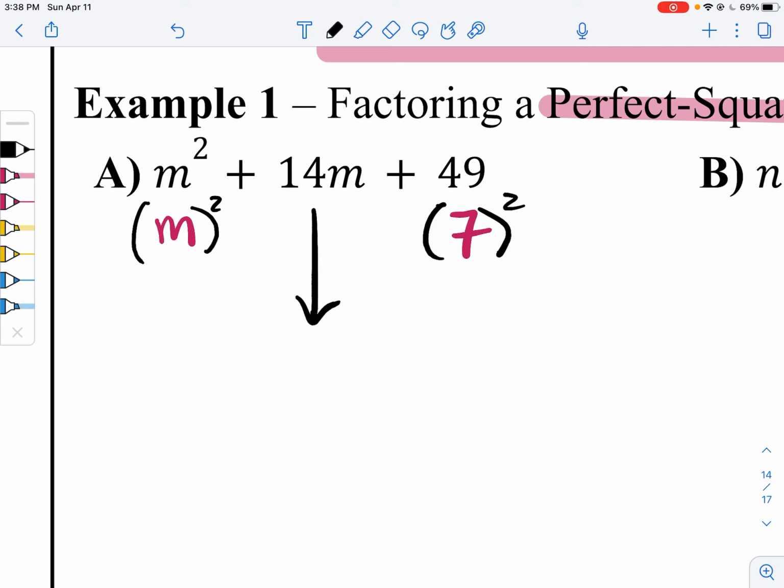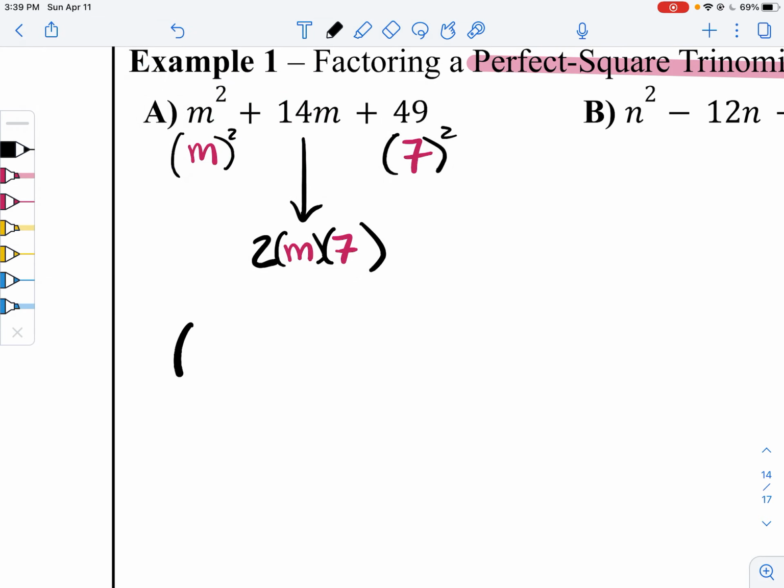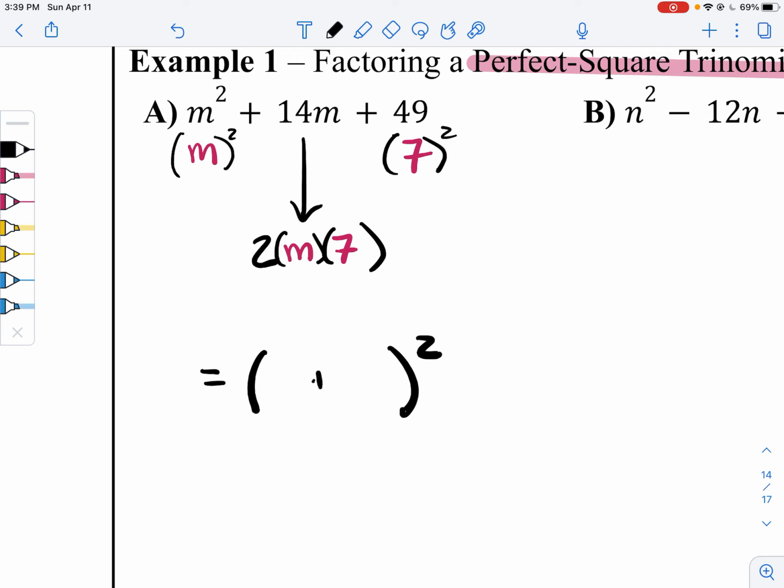And then our middle term needs to be 2 times m times 7. So it's 2 times those roots. Hey, look, that does totally work. Now that we know what our things are, we can factor that as something plus something squared. Those somethings are m plus 7 squared.